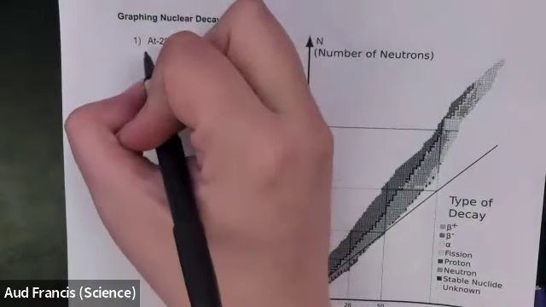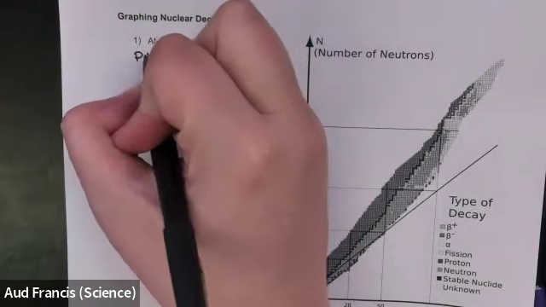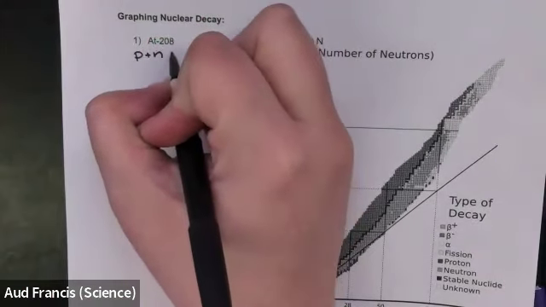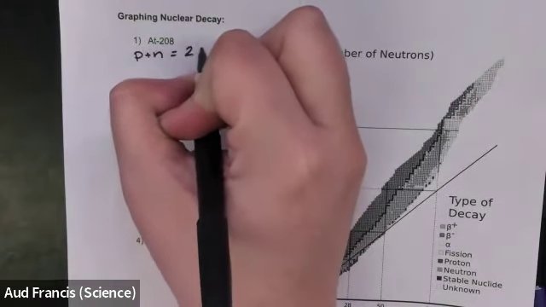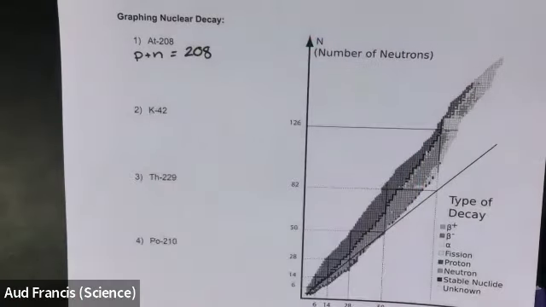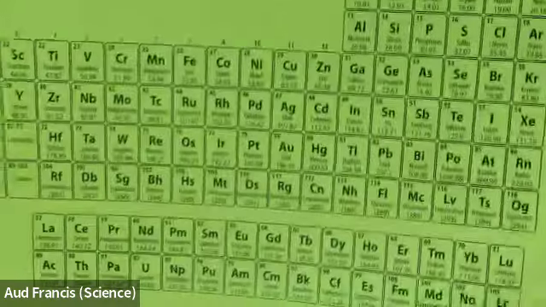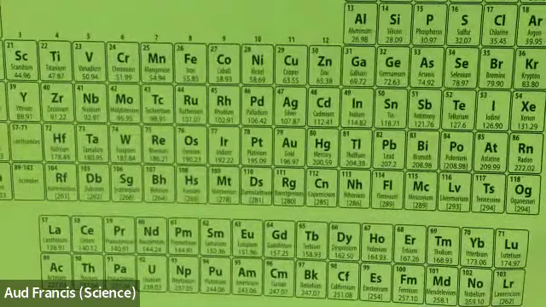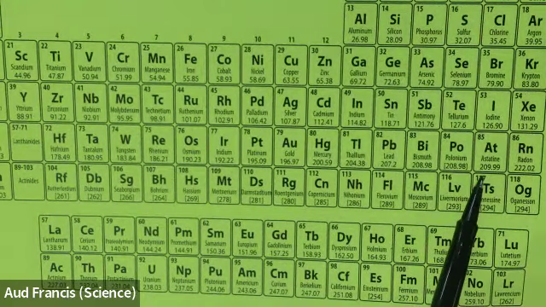For At-208, I know that my protons plus my neutrons make up my mass number, which is 208. I can use my periodic table to find At. At, astatine, is number 85.